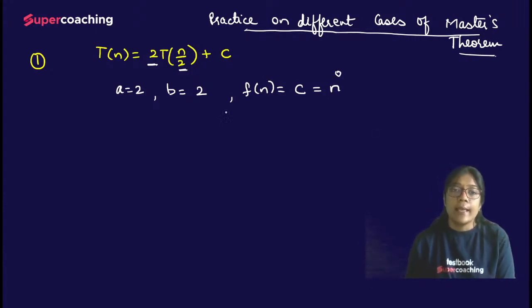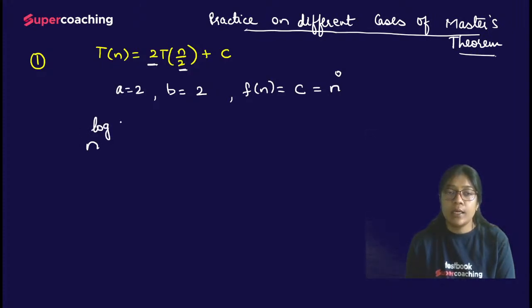Now we will find a और b determine कर लिए, log a की value find करनी है, so n raised to power log 2 and with the base 2. We know that if the base is same, then it comes out to be 1.